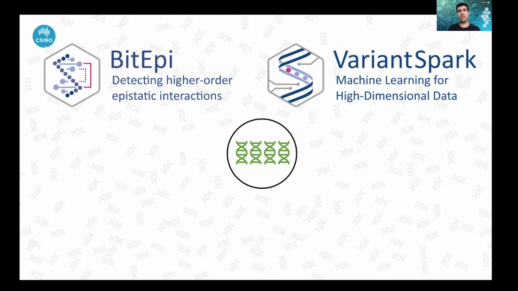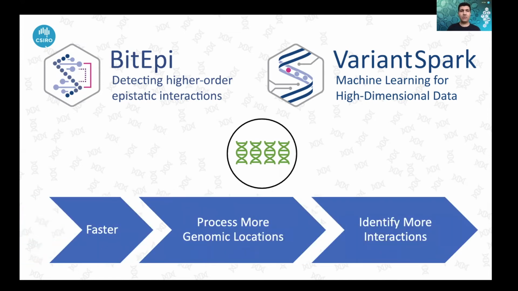Once you reduce the search space, BitEpi is a fast and exhaustive search that can test all possible combinations of up to 4 interactive genes. Being faster is critical because with the same computational budget, you can process more genomic locations and ultimately identify more interaction in your data.